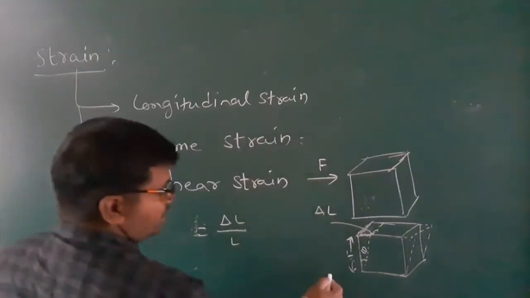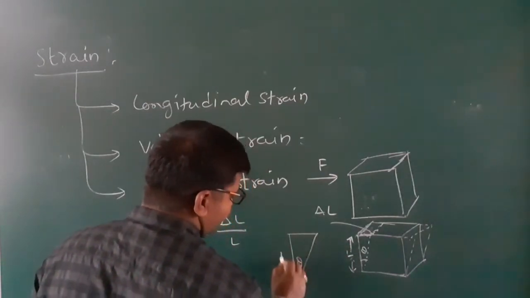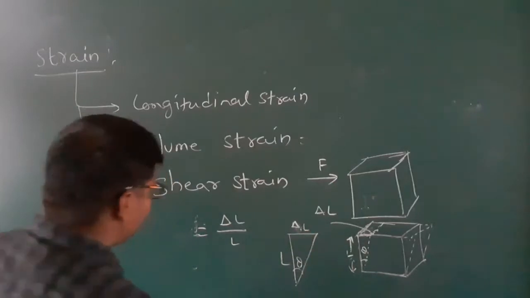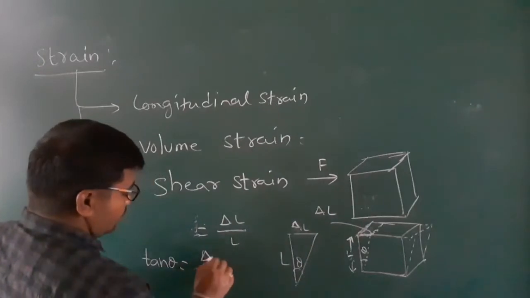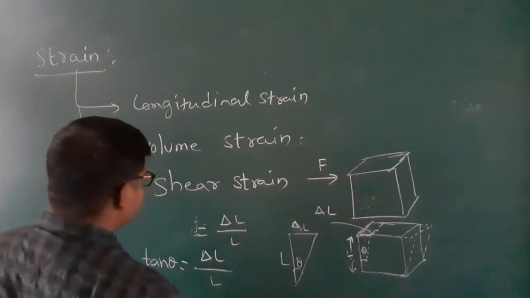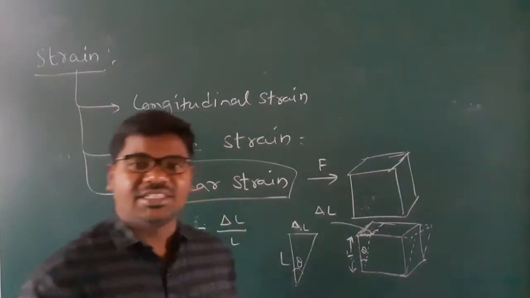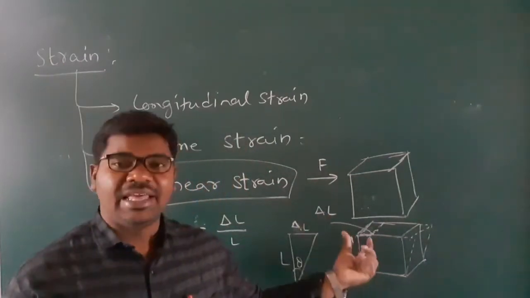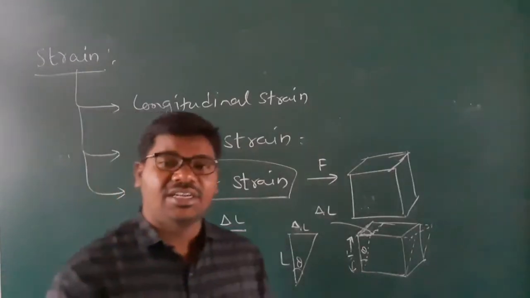From this triangle we can observe the angle theta, here L, here delta L. In this case we get tan theta equal to opposite side by adjacent side, delta L by L. This we can say is shear strain. Whenever we apply the force tangentially, we get shear stress. After that, the change in length by original length is called shear strain. Understand, my children?